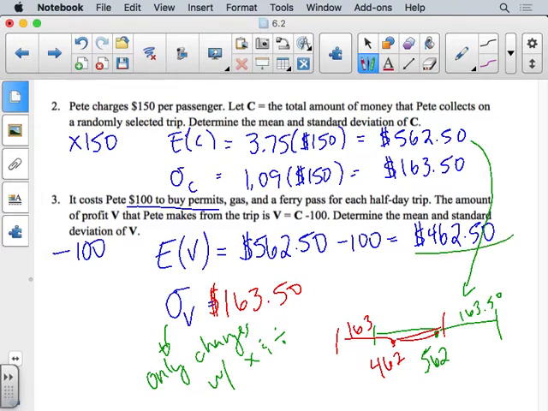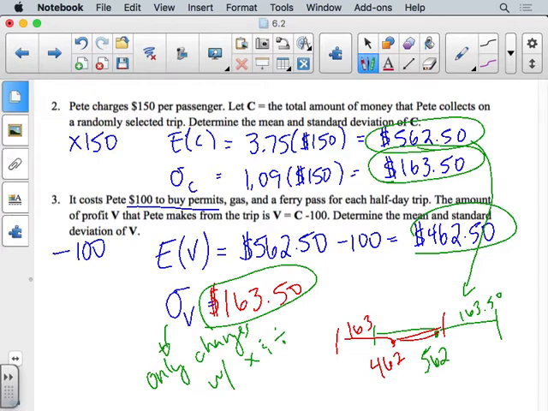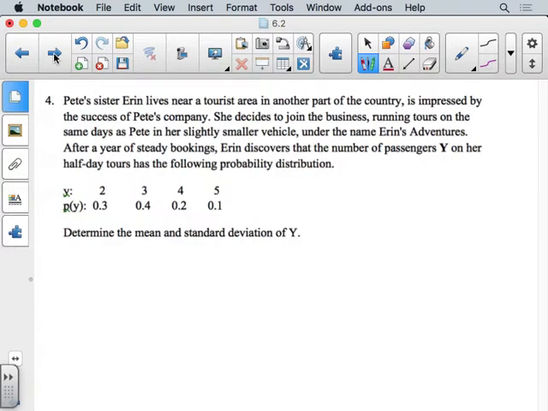So this thing changed, but standard deviation the same. On these, both of them got multiplied. So there's those answers. Okay, so an important point that we need to know is that the spreads only are affected by multiplying and dividing. Otherwise, they stay the same. Alright, let's do another one.